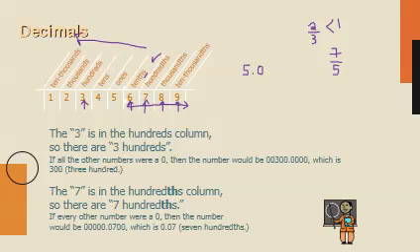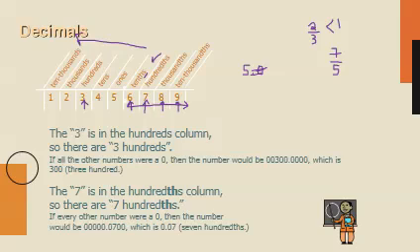So 5.0 is actually 5. You have to know that the 0 is useless, so it goes back to 5. Also, the 7 in the hundreds column, if every other number were a 0, then the number would be 700.